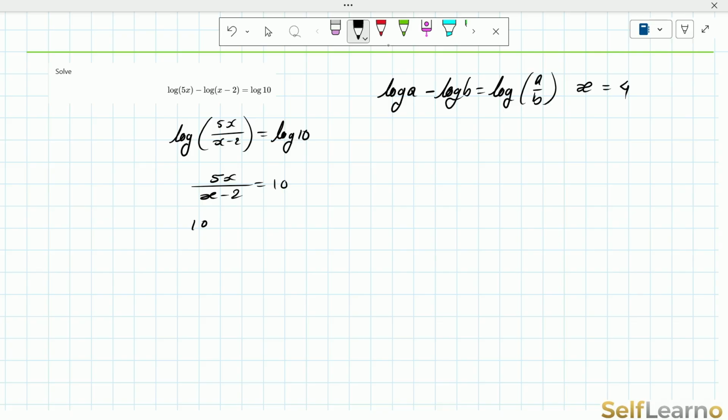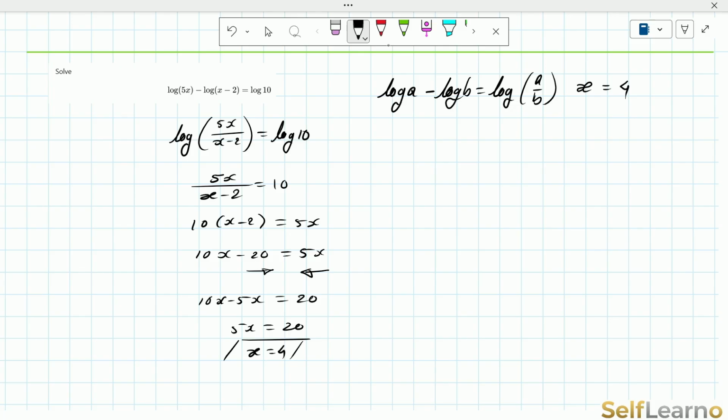By comparison, we get this. Cross multiplication: 10 times x minus 2 is 5x. So 10x minus 20 is equal to 5x. Collect x on left and numbers on right. So 10x minus 5x is equal to 20. So 5x is 20, so x is 4. Let us check the validity.